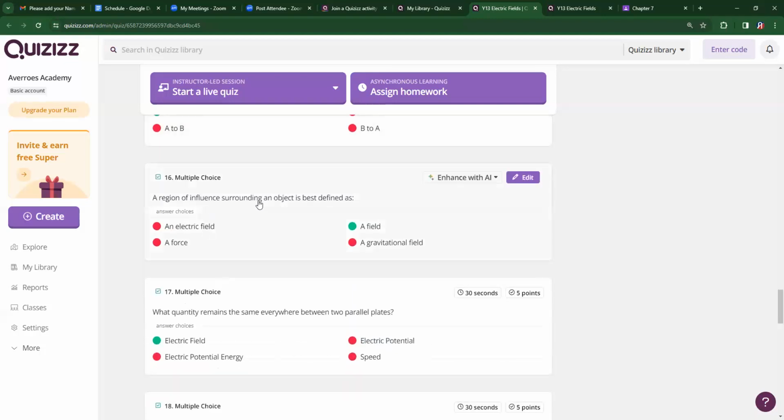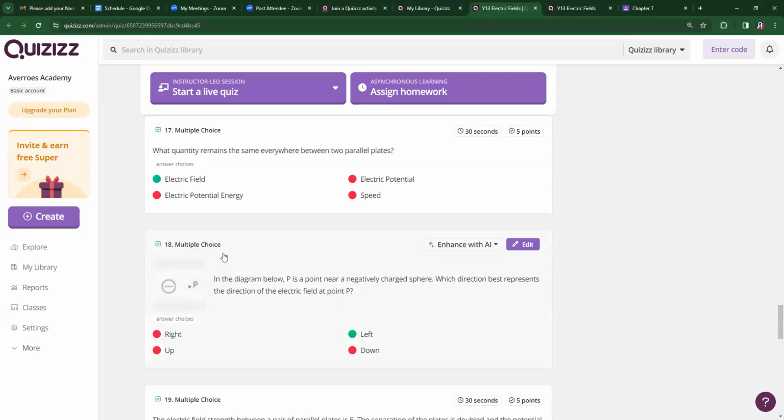A region of influence surrounding an object is a field. So it could be a gravitational field, it could be a magnetic field, but usually we call it a field because it could be related to electrical charges or to gravitational. So this one is the best option to select. Which quantity remains the same between two parallel plates?